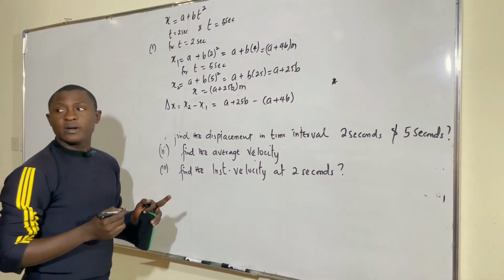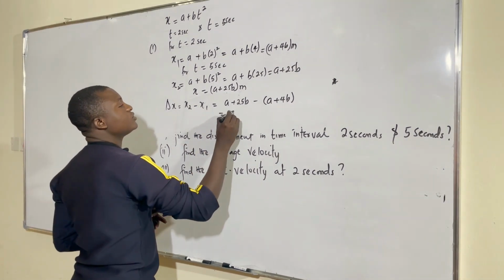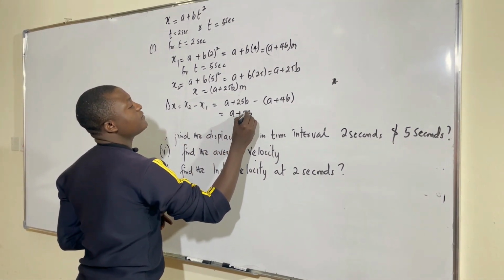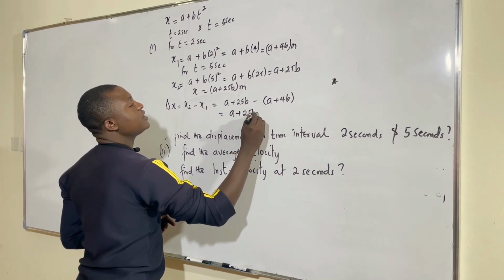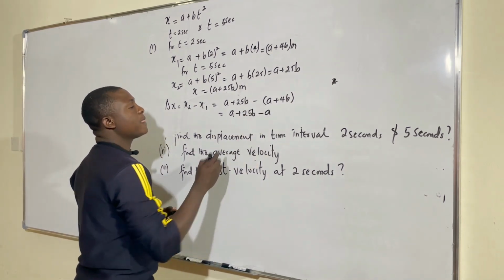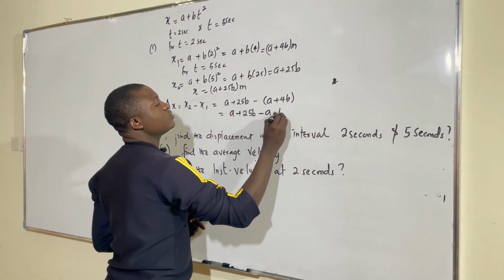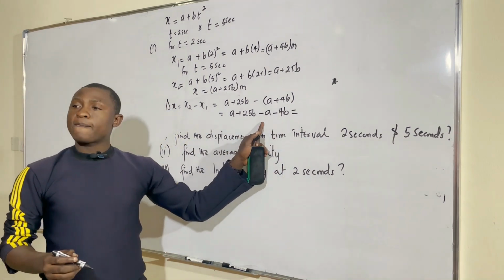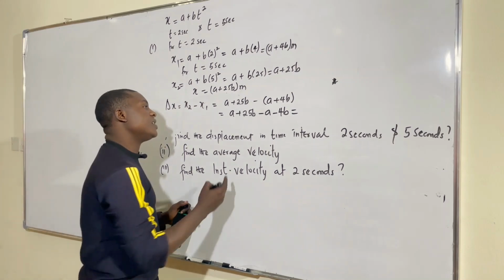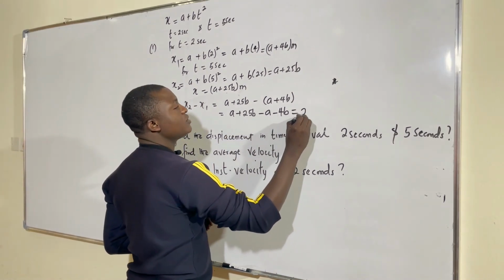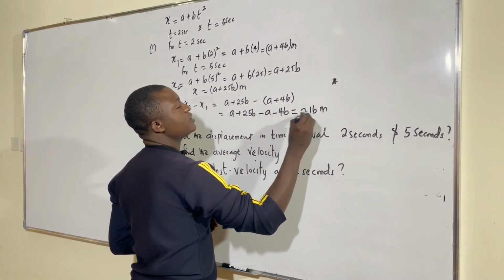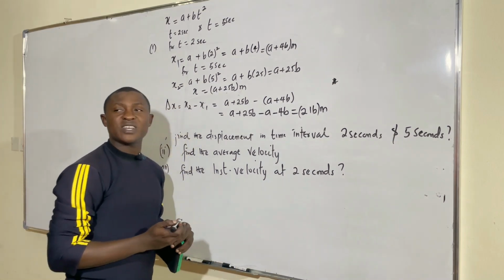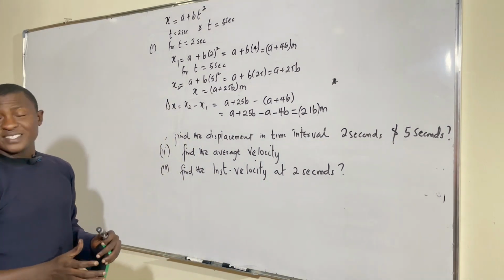If I open the bracket, I have a plus 25b minus a, and minus 4b. Now a minus a is 0, and 25b minus 4b gives 21b in meters. So that's our total distance. I hope you are following, right?